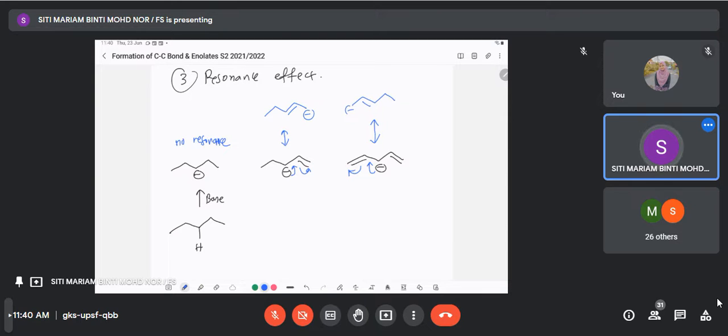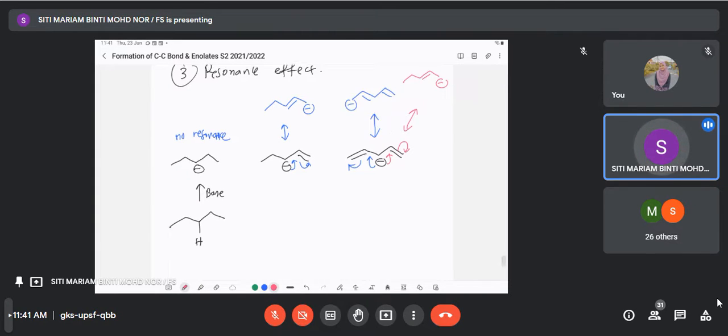You will get a structure like this. If you go to the right, using a different color of arrow, it looks like that, and you will get something like this. You see? So the resonance effect is related to the conjugated system and electron delocalization.